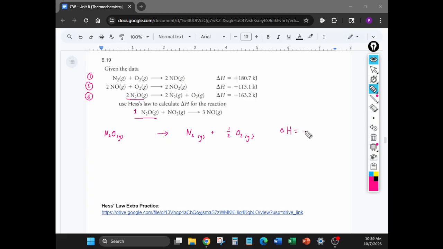Just so that we remember how we did everything, I'm going to write times 1/2. That way we remember everything that we did. So if we want to match the coefficient in the final equation, we have to divide equation 3 by 2. And that's how we get this right here.